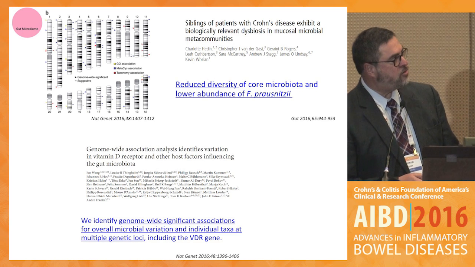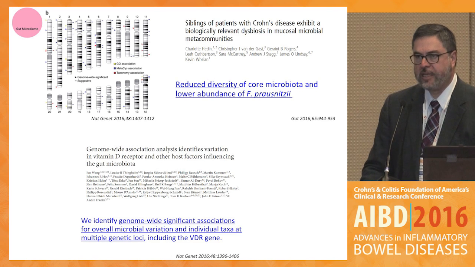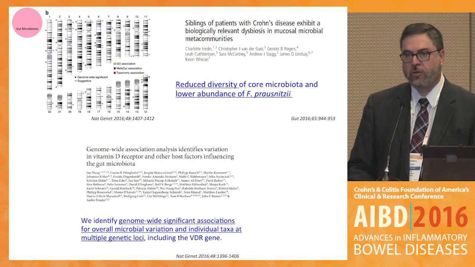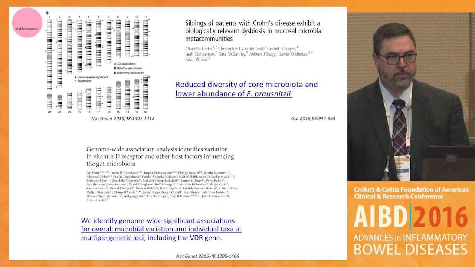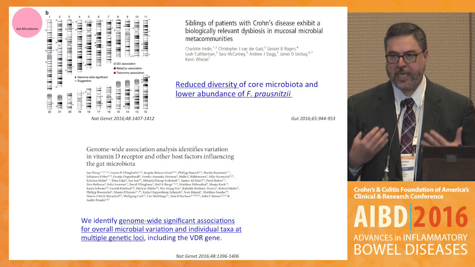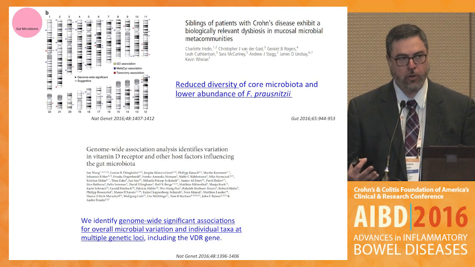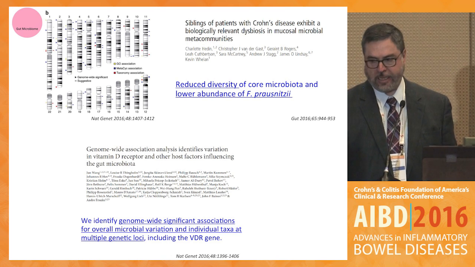And what you see here is, of course, the chromosomes, but the colored lines represent parts of the chromosomes that are associated with specific changes in the microbiome. In other words, it's not a casual interaction, but we influence the composition of our own microbiome through our genetic makeup.